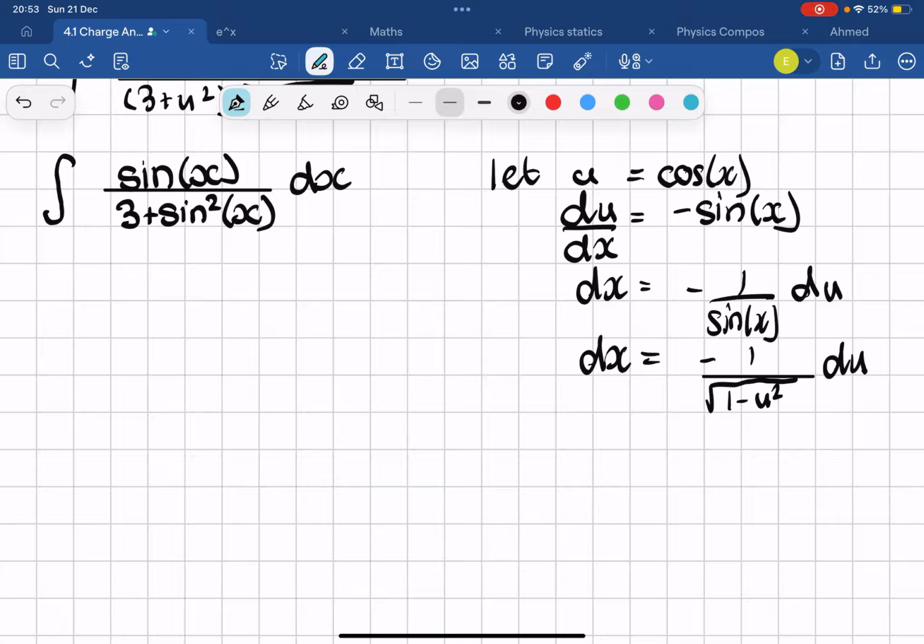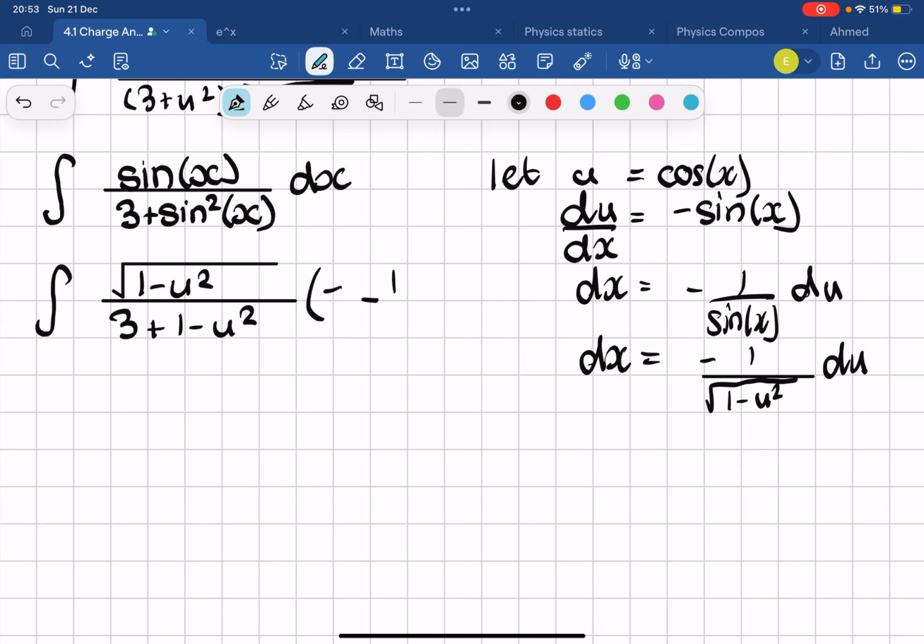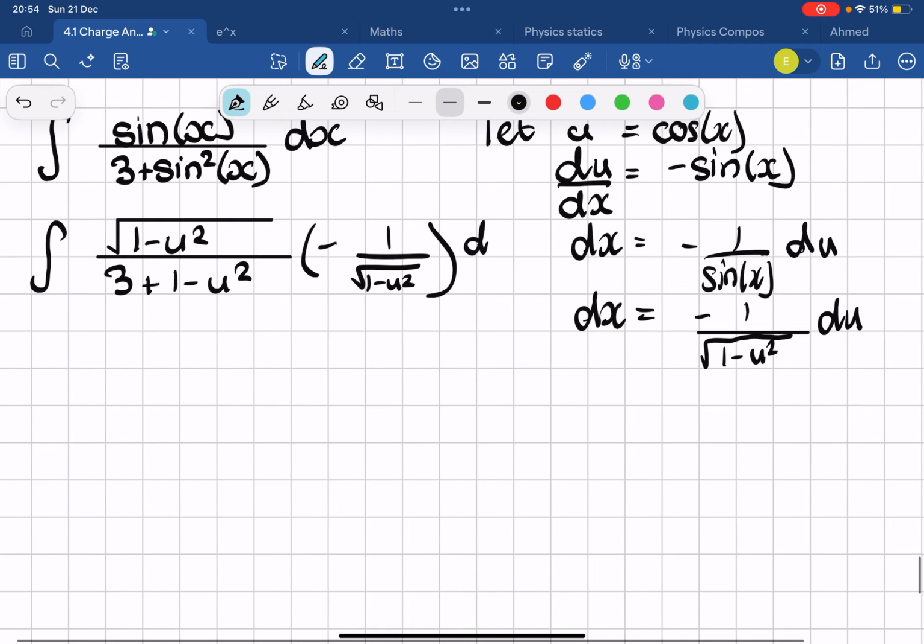Now let's follow this through. So u equals cos x. So sine x equals root 1 minus u squared, and the denominator is 3 plus 1 minus u squared. Dx equals minus 1 all over root 1 minus u squared du.